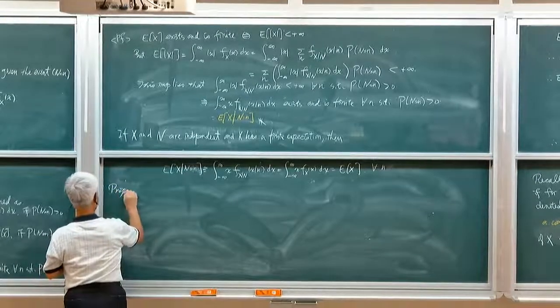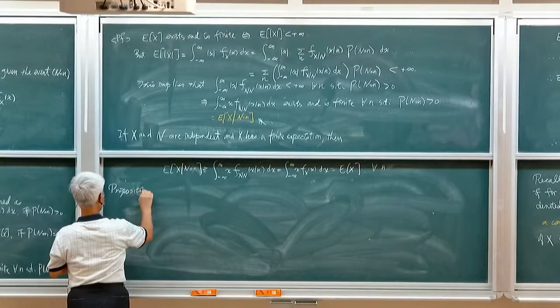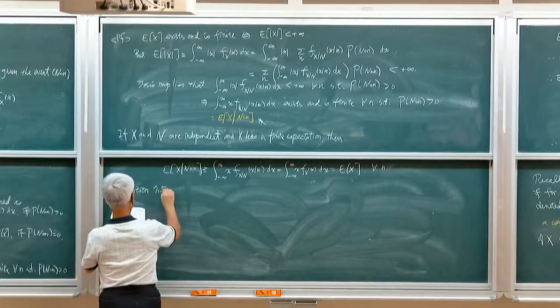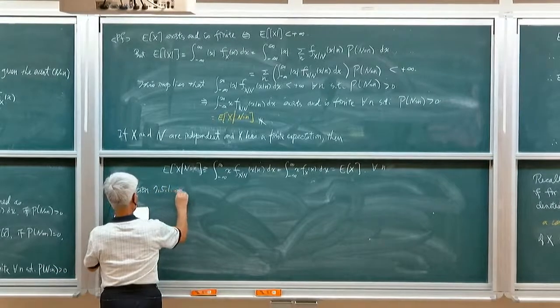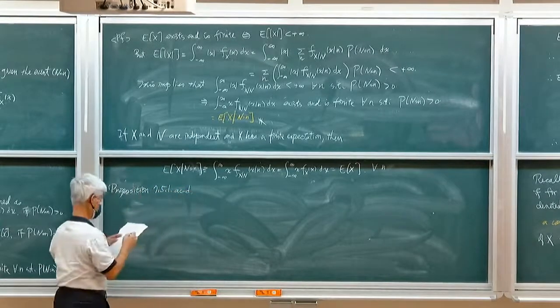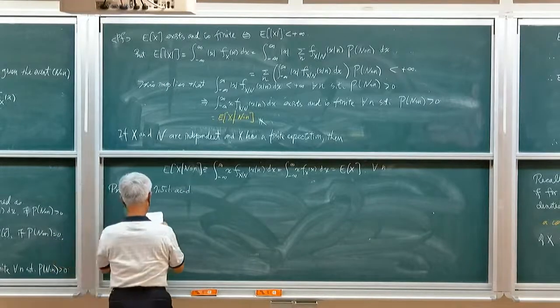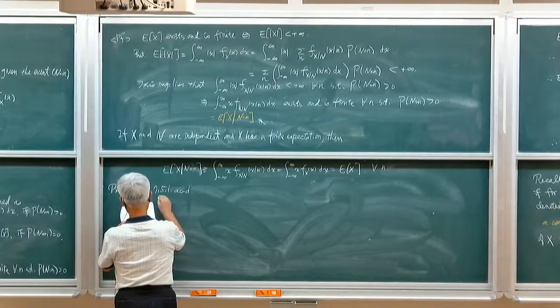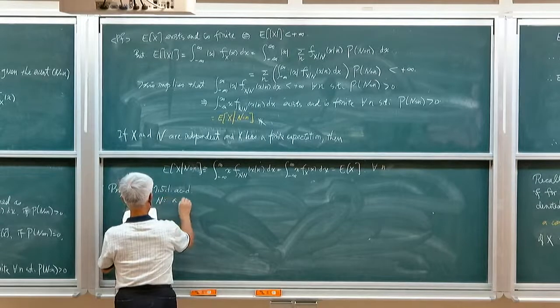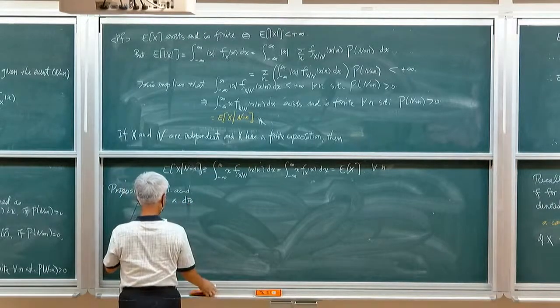And then Proposition 7.5.1, the continuous-given-discrete case. So let N be discrete.